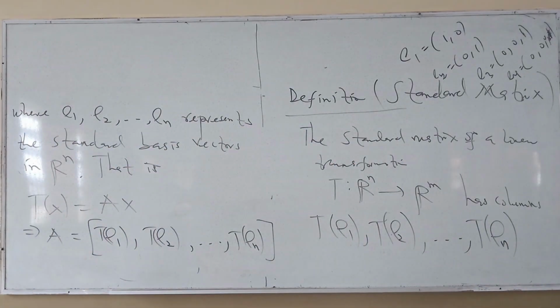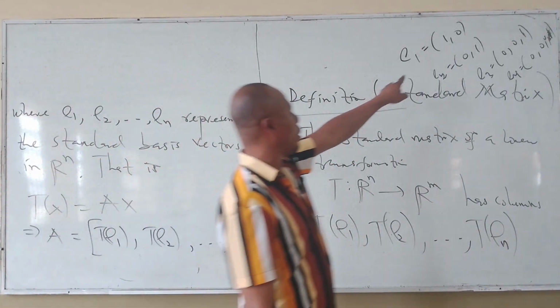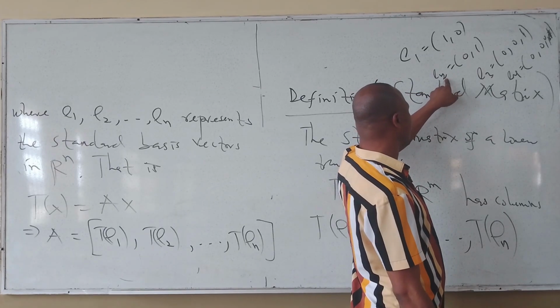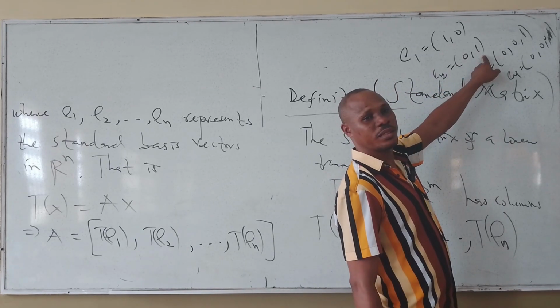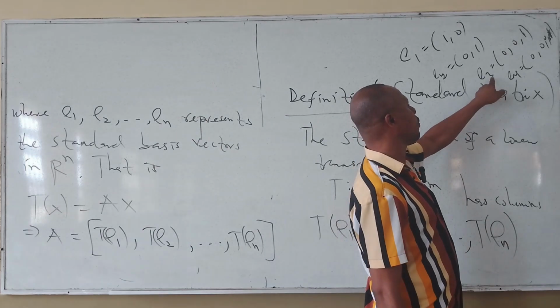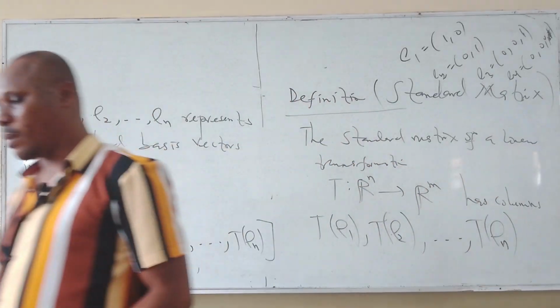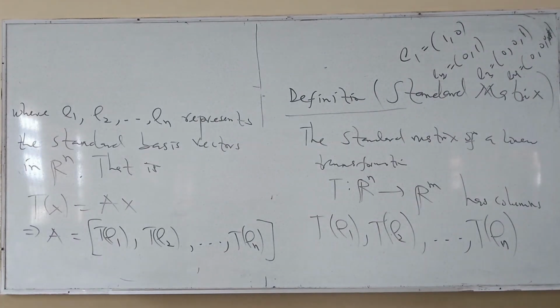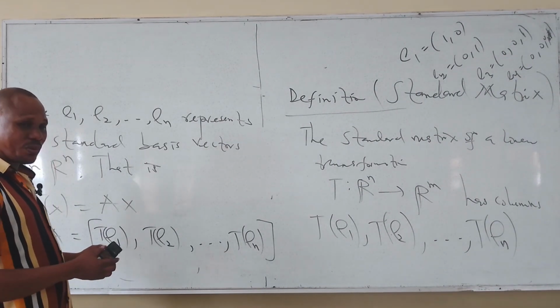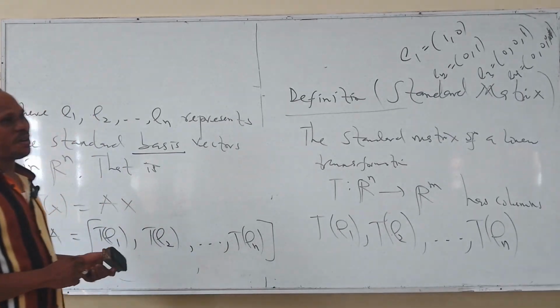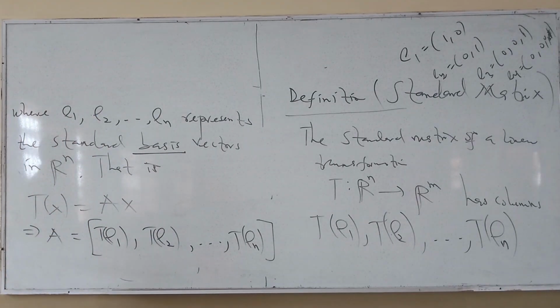The one represents the position of the one: in u1 it's at the first, in u2 the position of the one is at the second, in u3 at the third, like that. We term them standard basis. As we move forward, you define what you mean by basis.